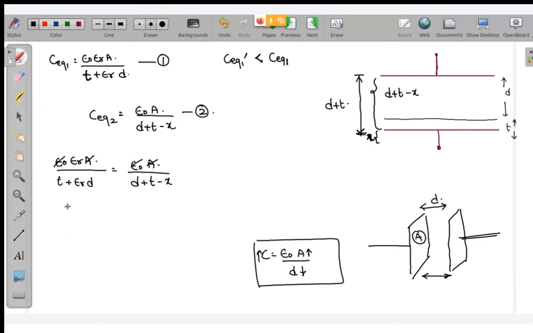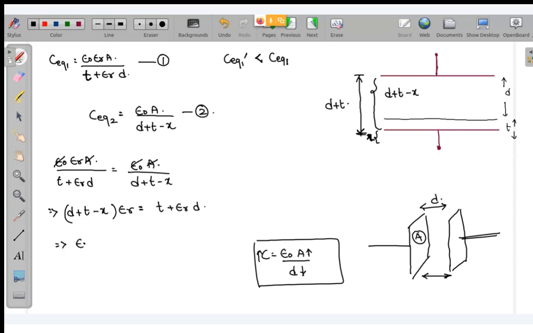So we get D plus T minus X into epsilon r is equal to T plus epsilon r D. Let me bring this over this side.